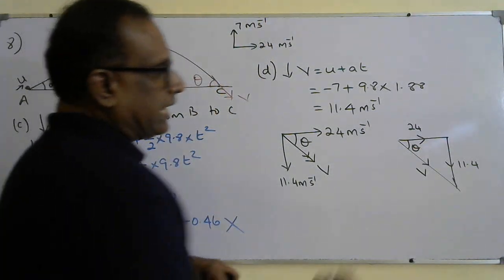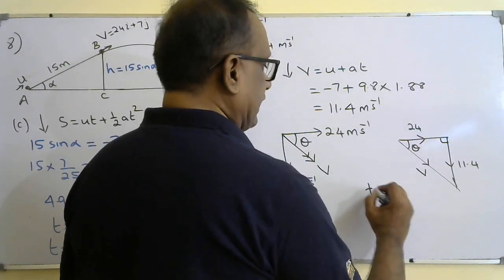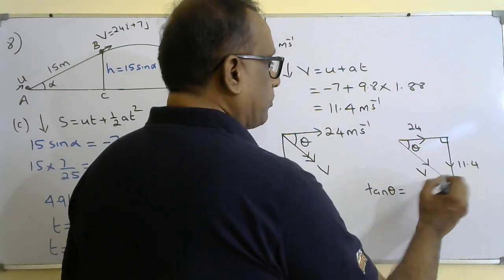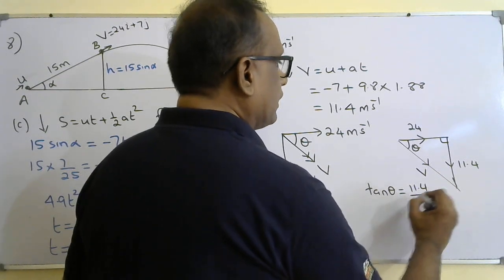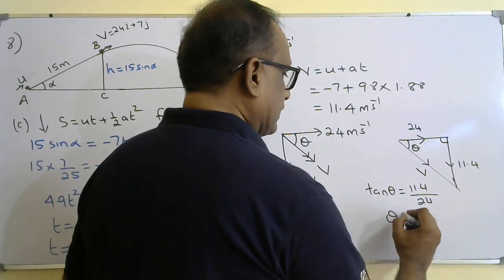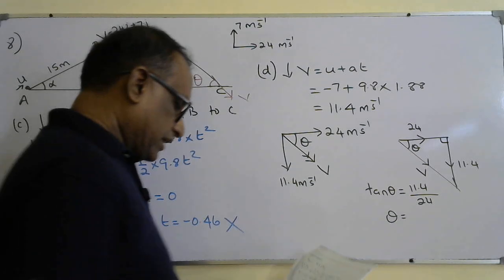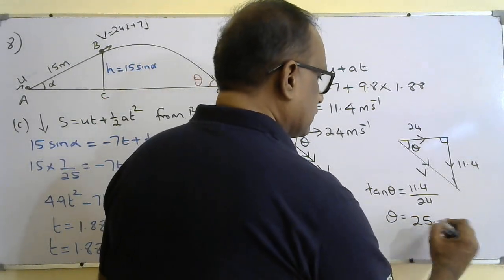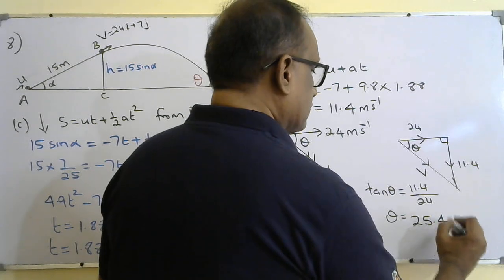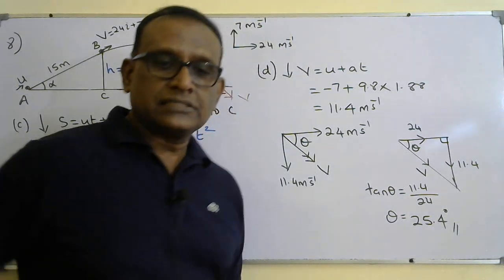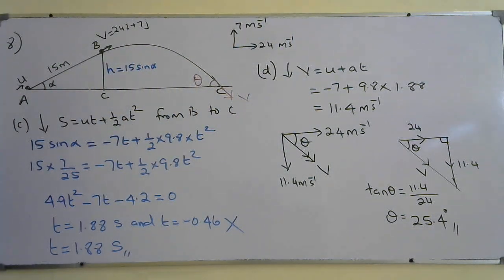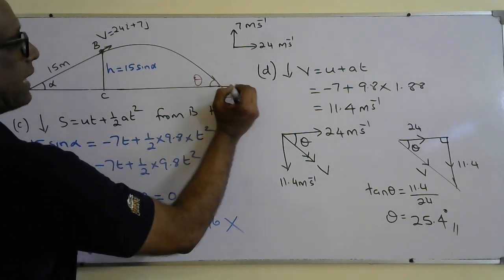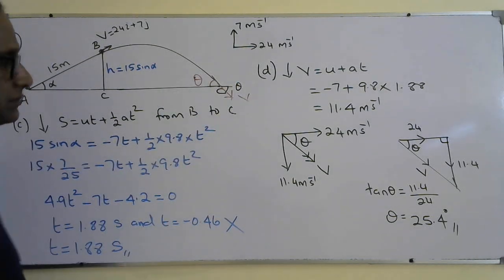So tan theta, this is a right angle triangle, tan theta is opposite 11.4 over 24, find the theta. You will get 25.4 degrees. That's the final answer. Because these angles are both the same, opposite angles.